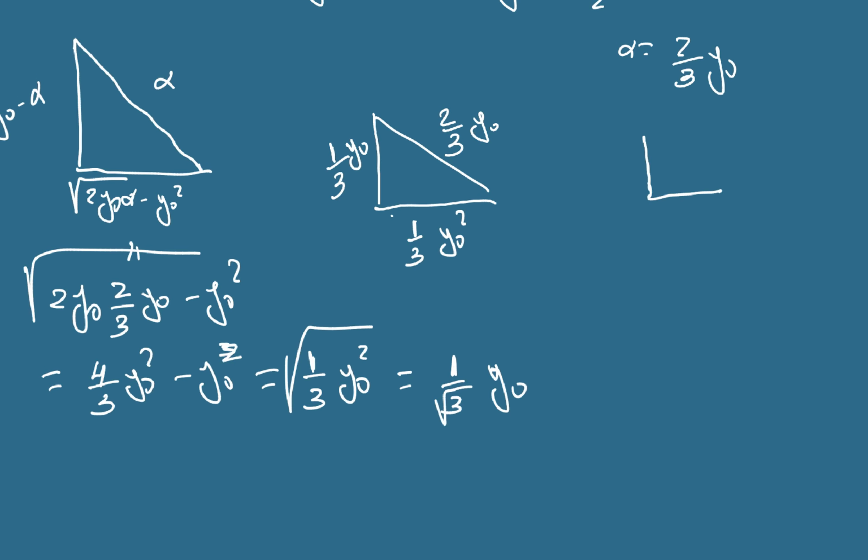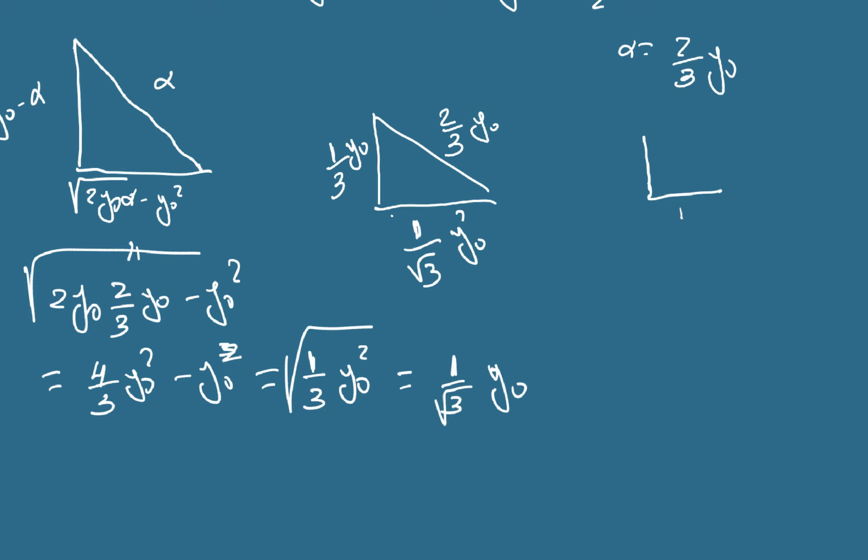So here, let's erase here. Here we have 1 divided by square root of 3 y0. And the height is 1/3 of y0, and the hypotenuse is 2/3 of y0.